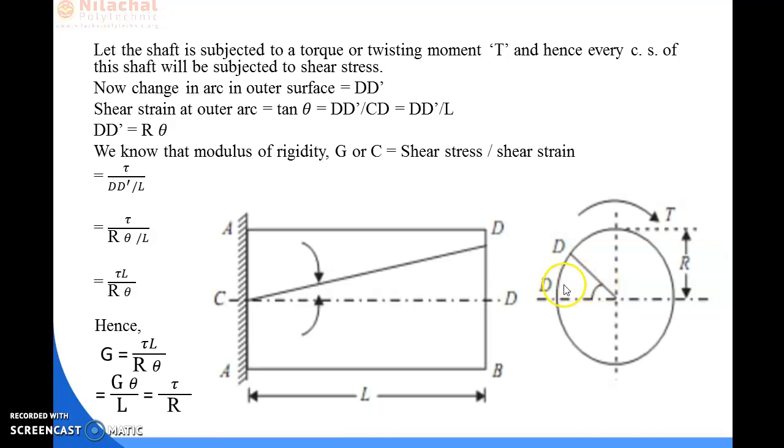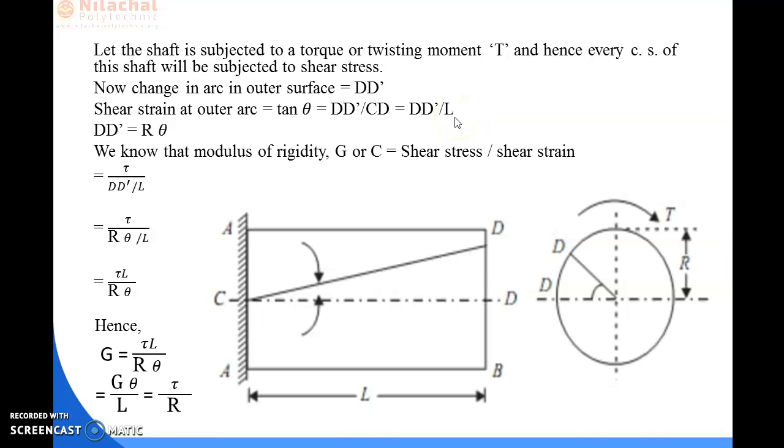So we can say the d dash value is equal to R into theta. Here in the place of d dash we can put the R theta value. Hence the total value of shear strain we can convert into R theta divided by capital L.